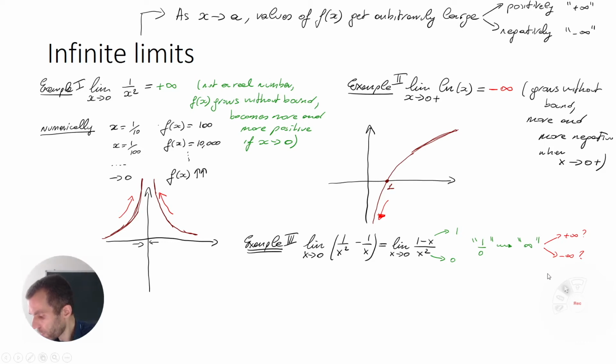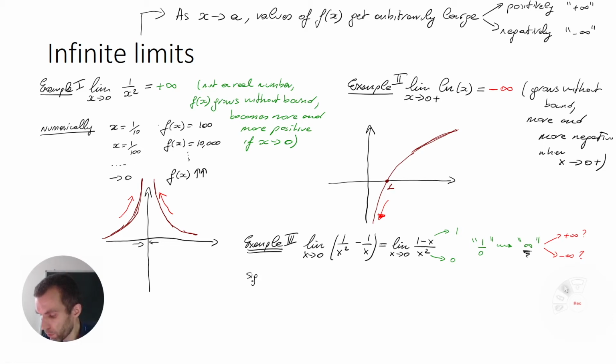If you don't follow this hand-wavy reasoning that I just sketched, you can plug in some values. For instance, if you plug in 1 over 10 and calculate what this is, you'll see that the whole function grows without bound, so that's why we say it's infinity. But we have to think a little bit carefully about whether it goes to the positive side or the negative side.